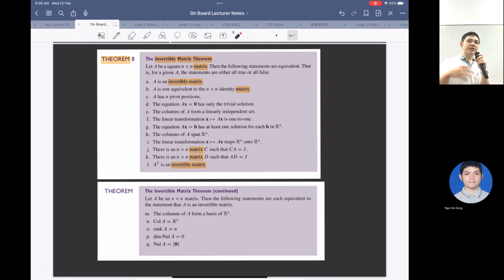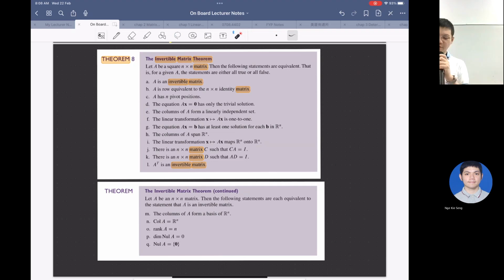It relates all the different ideas we learned together, for example, the column space, the null space, linear independence, span, linear transformation being onto and one-to-one, and the dimension of the null space and the dimension of the column space, which is the rank. It relates all the properties together.